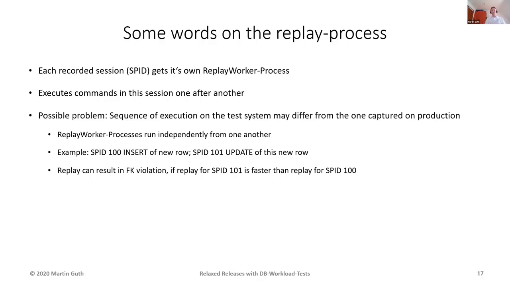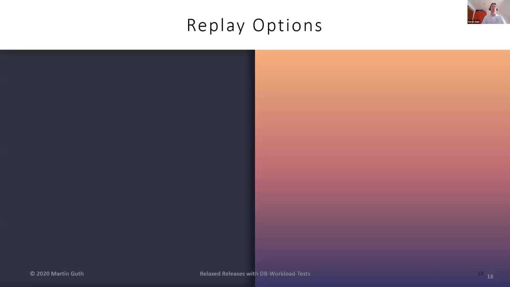And of course, that's important. That's what makes workload testing a little bit harder to achieve in the first place, and why it's not widespread adopted. Anyway, sometimes SPID 101 might be a little bit faster, and then you've got a foreign key violation. That's simply something you need to know. It doesn't necessarily mean that you cannot profit from the workload. You simply have to work out how this is on your system and with your workload.